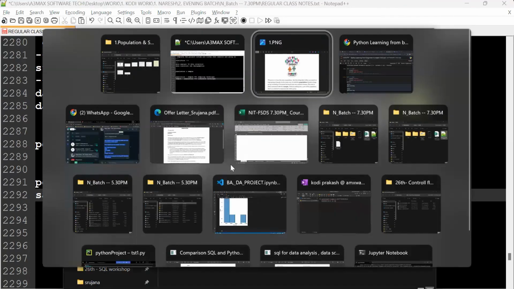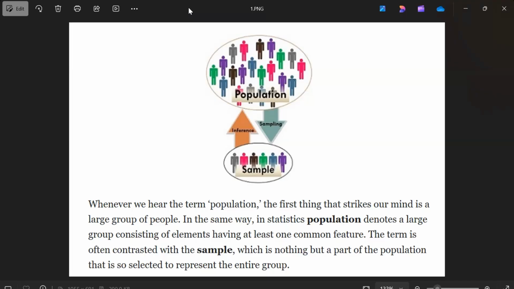So just go to this graph and understand very well. So here, population to sample, we call sampling technique. From sample to population, we call inference. Online team, clear up to this now? Okay, that's good.